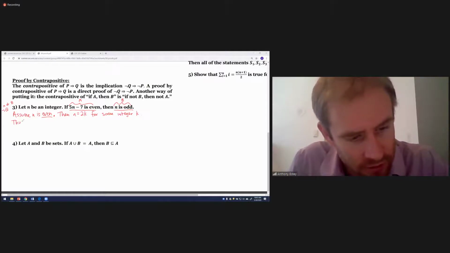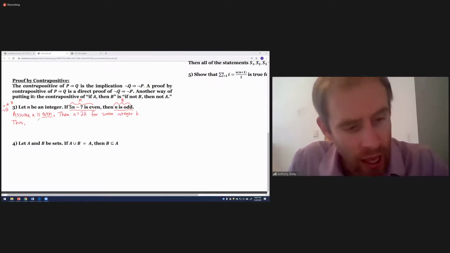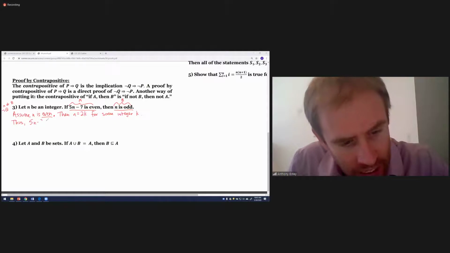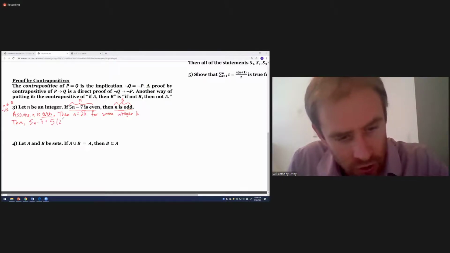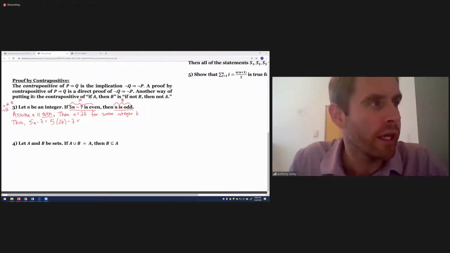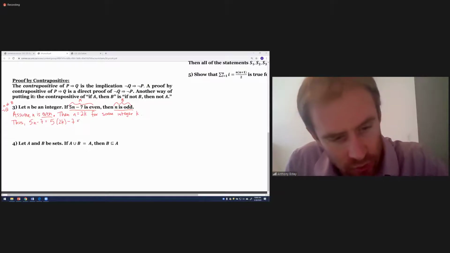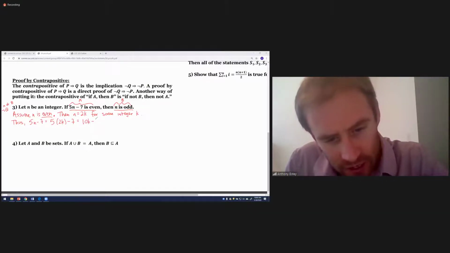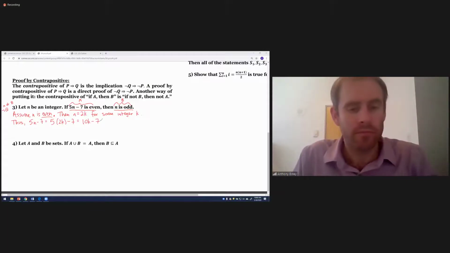So thus, very similar to what we did before, 5n minus 7 can be written as 5 times 2k minus 7. We can multiply out these terms, and we've got 10k minus 7.